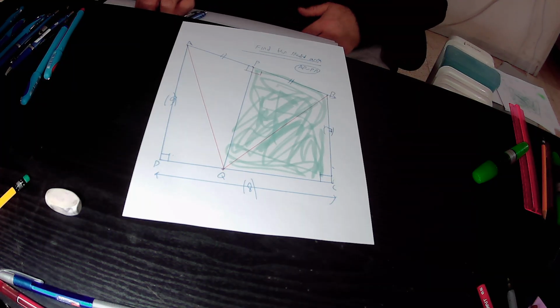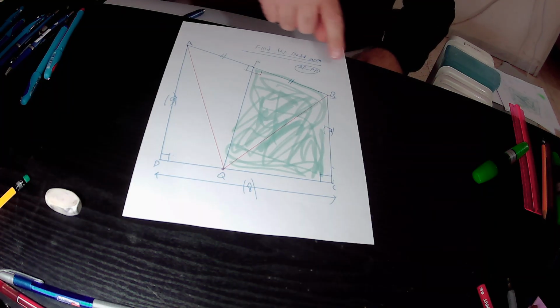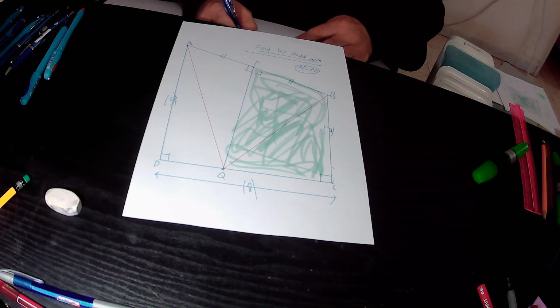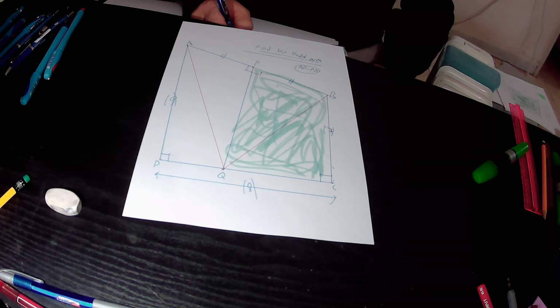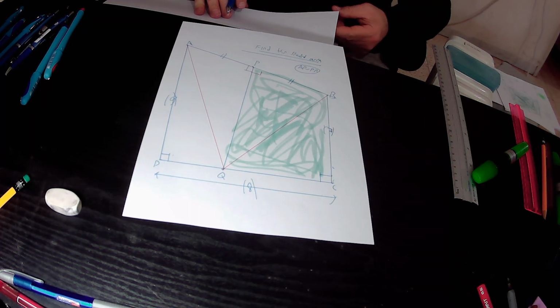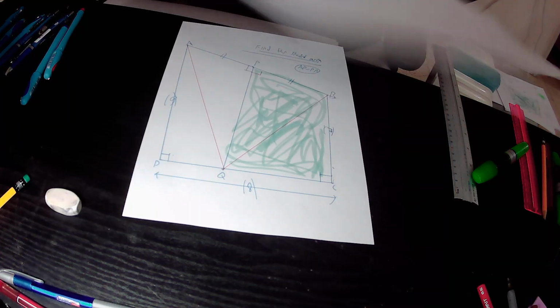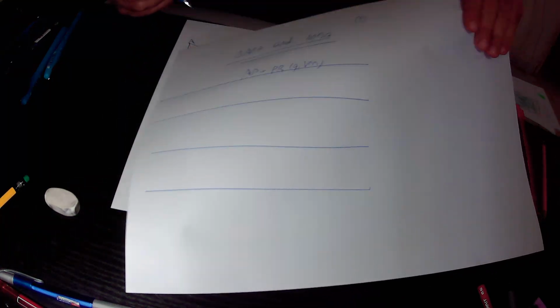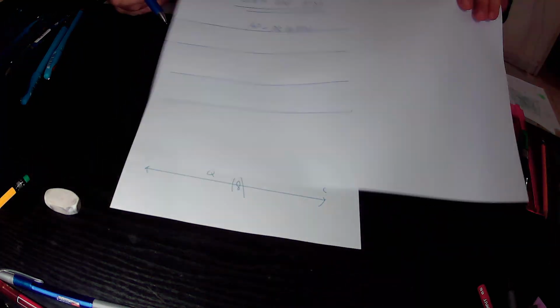First of all, it is given in the question that AP equals PB. So side AP of the white triangle APQ is equal to side PB of the shaded triangle PBQ according to what is given.